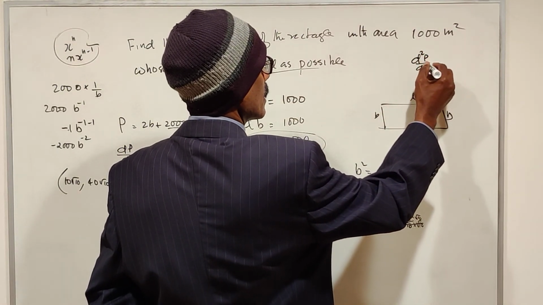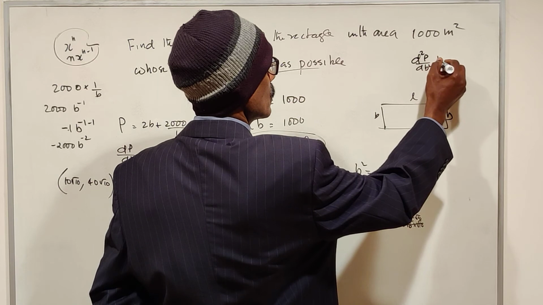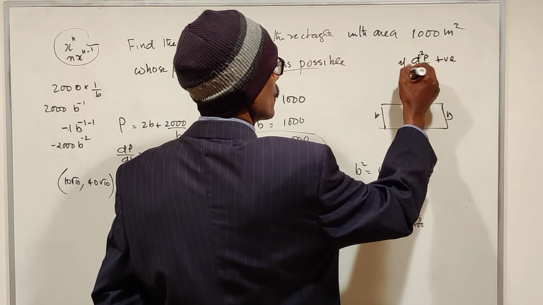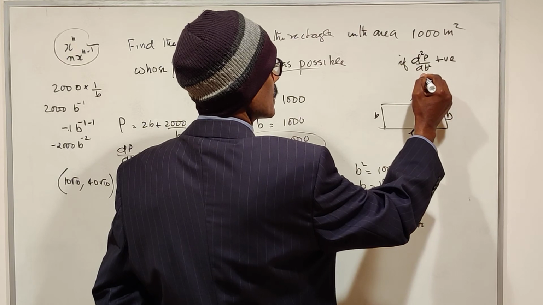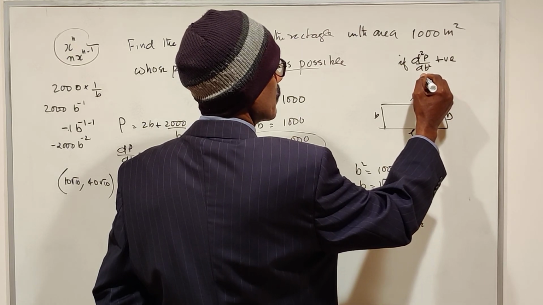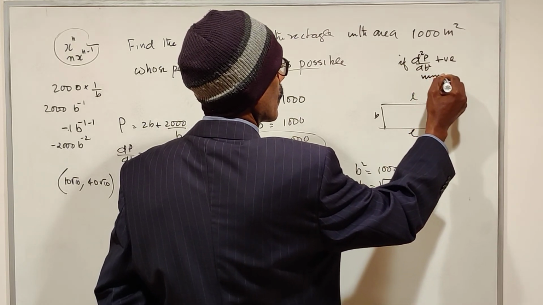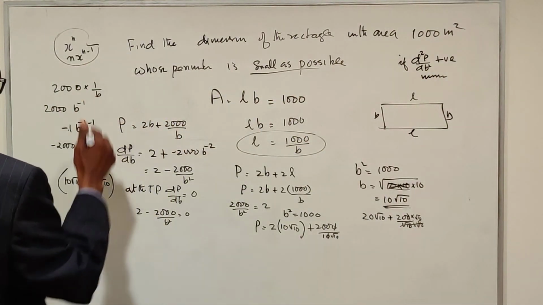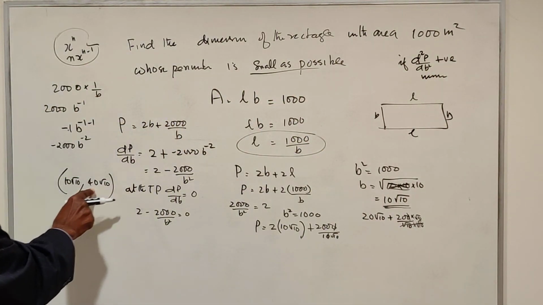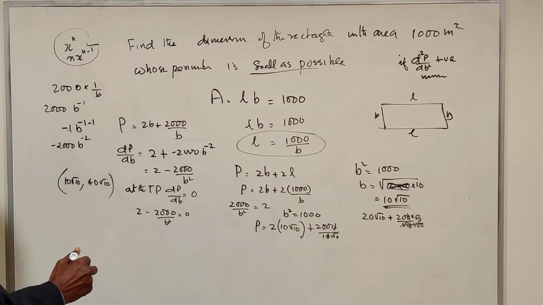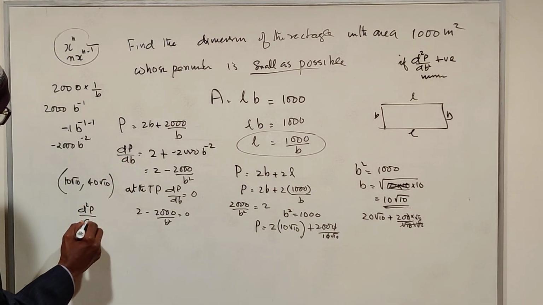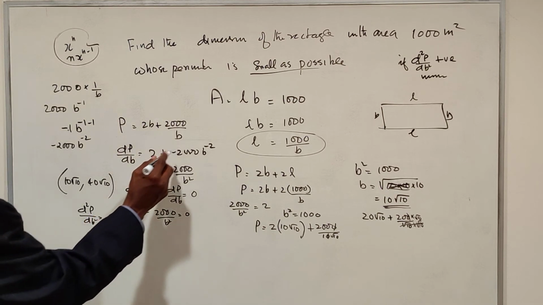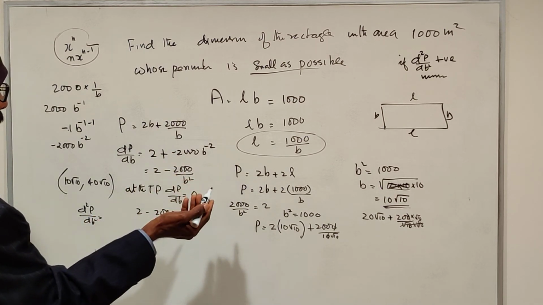If positive, then the y coordinate is minimum. So d square P by dB square equals: the derivative of 2 is 0.